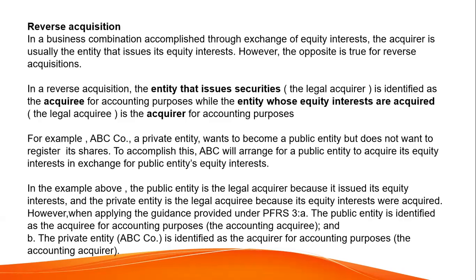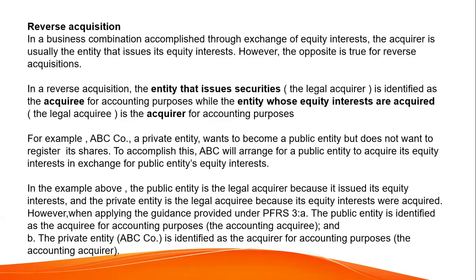That's why we call it reverse acquisition, because the legal acquirer is now the acquiree and the legal acquiree is now the acquirer. For example, ABC Company, a private entity, wants to become a public entity but does not want to register its shares. To accomplish this, ABC will arrange for a public entity to acquire its equity interest in exchange for the public entity's equity interest.